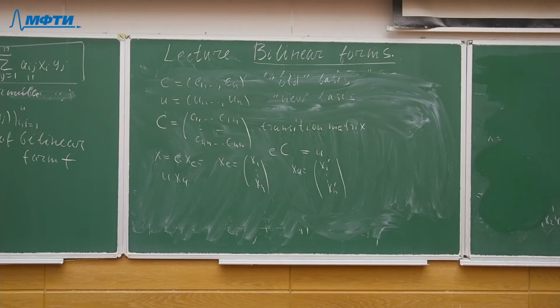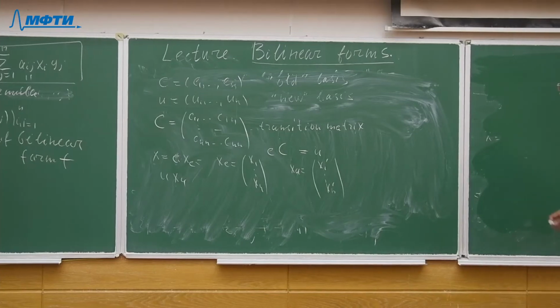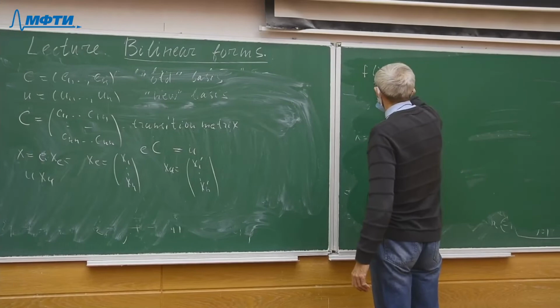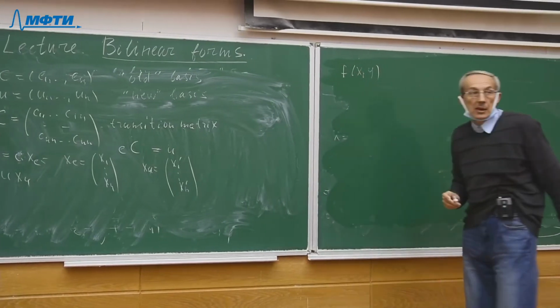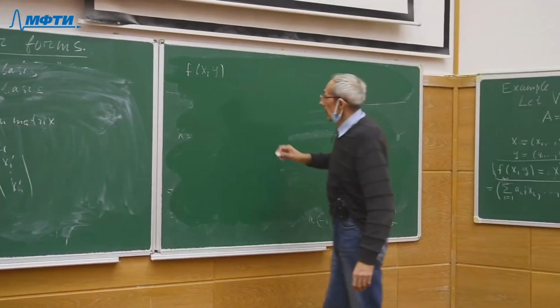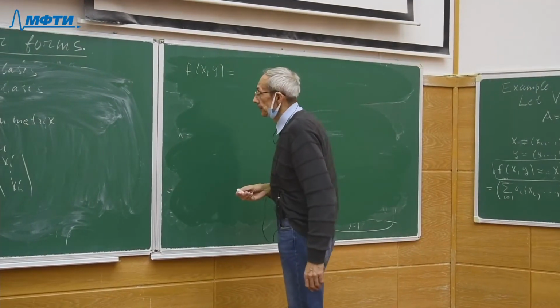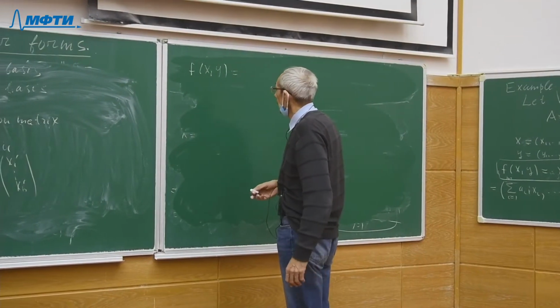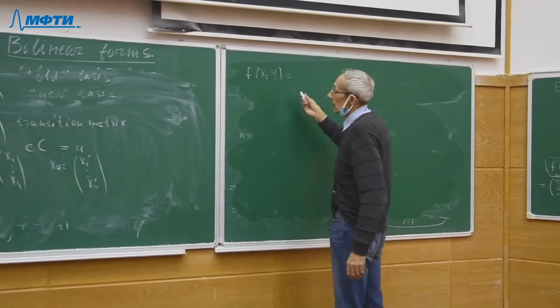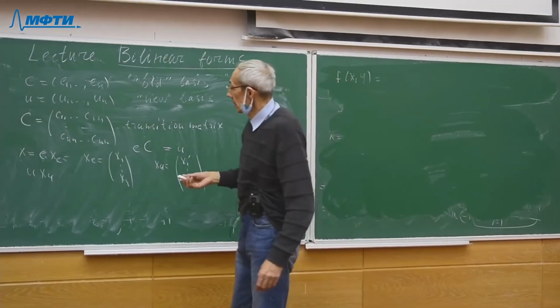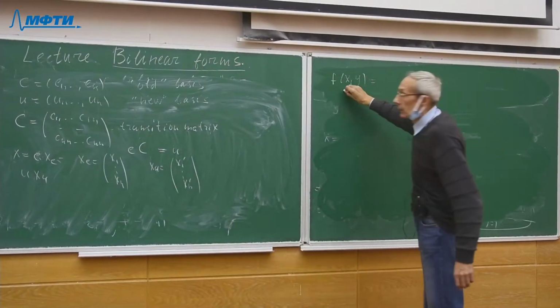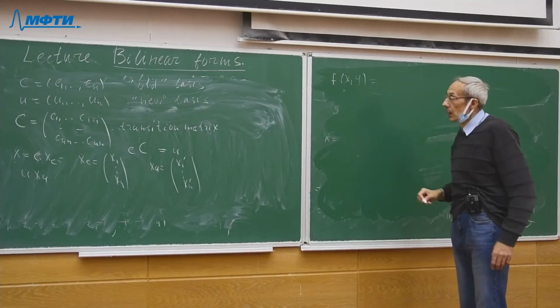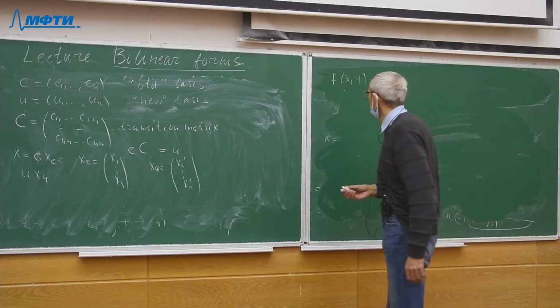Now we can apply our bilinear form to the pair of the vectors X and Y. And we rewrite the value of our bilinear form in the old basis.